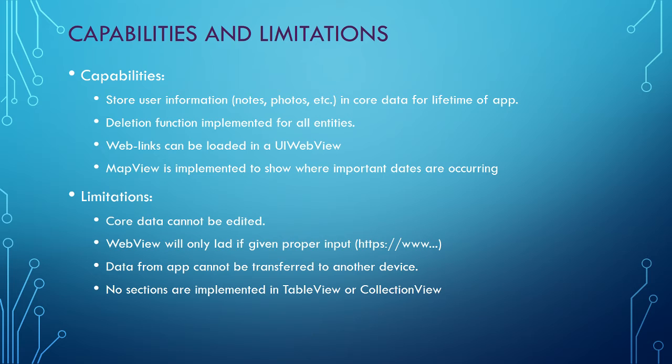Lastly, my app does utilize the map view and MapKit of Swift to show where an event is occurring. This draws upon the location data that the user inputted for their event, and it is relatively accurate given the information that the user provides.